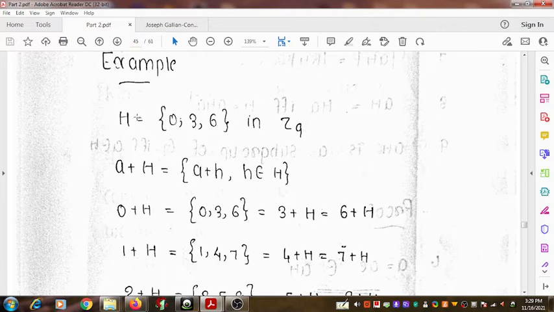See here the H, the subgroup of the given group. This is the mother group, the group G, and its subgroup is H equal to {0, 3, 6}. And this is clearly a cyclic group, the cyclic group generated by 3.